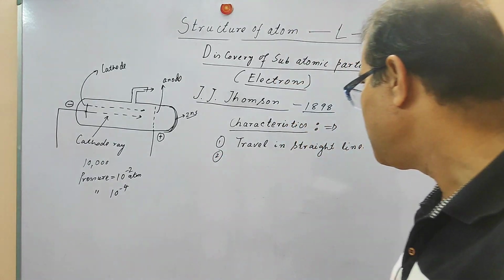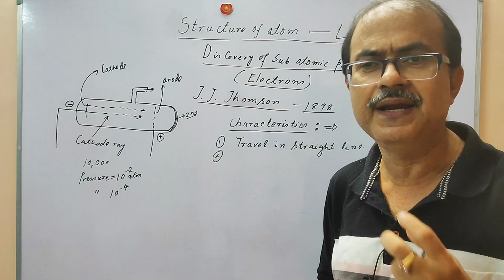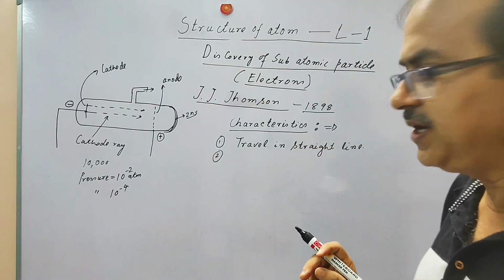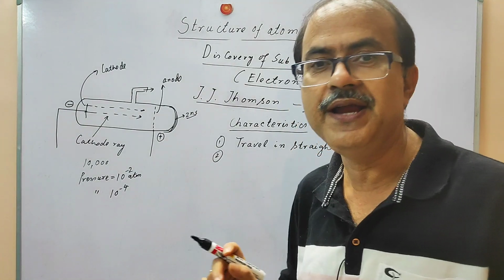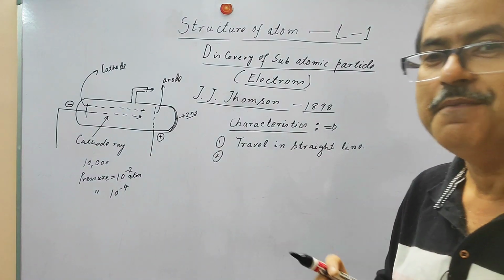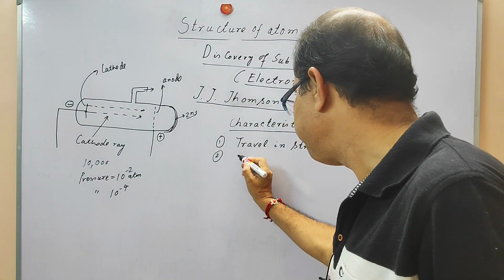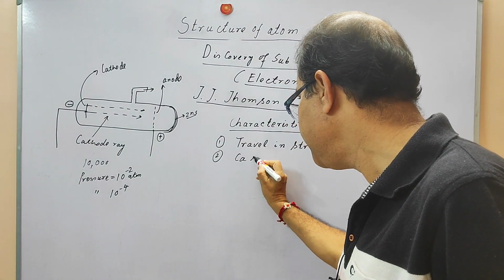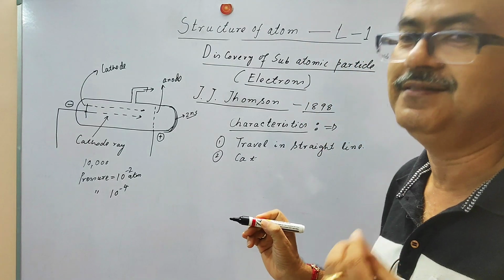Second point, if we put a soft paddle in the path of the cathode ray, what do we find? We find the paddle is moving, which means that the cathode ray is made of some particle.